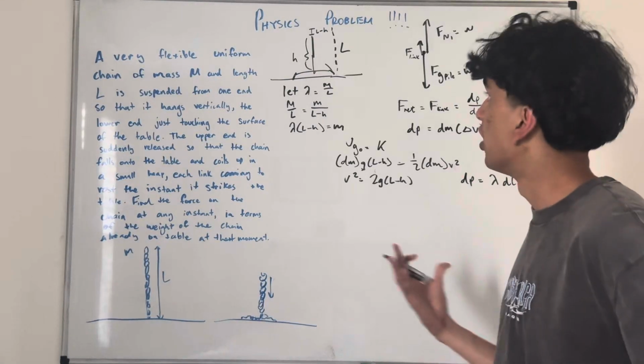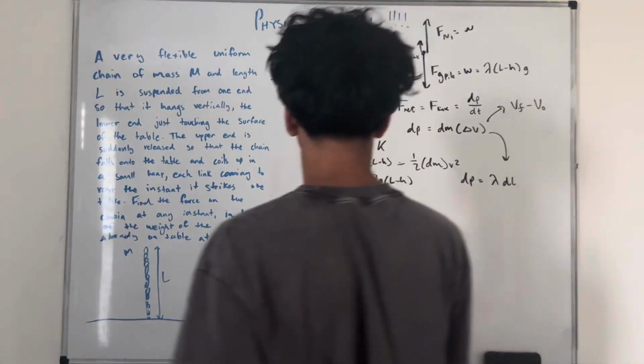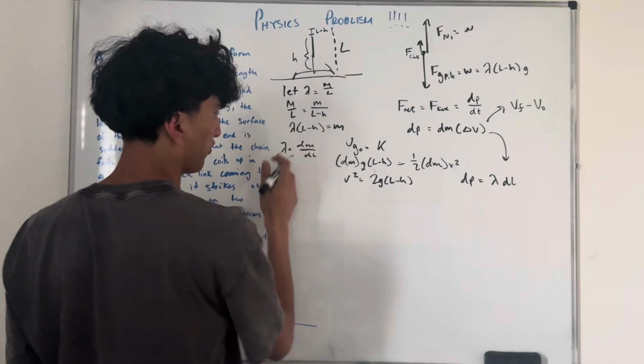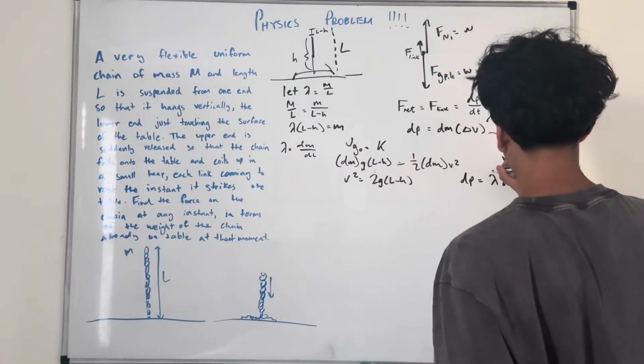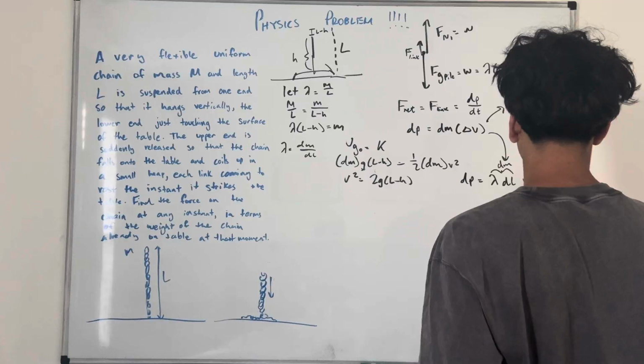This just comes from lambda also equaling dm over dl, and then I just move over the dl. So this is really dm. I still have this change in v, I'm just going to write v for v.